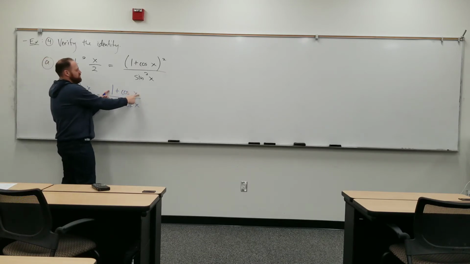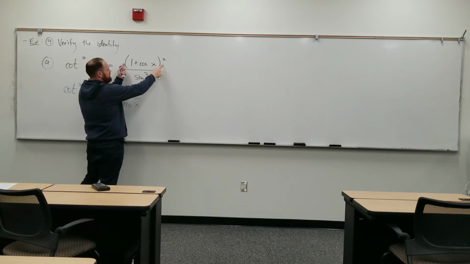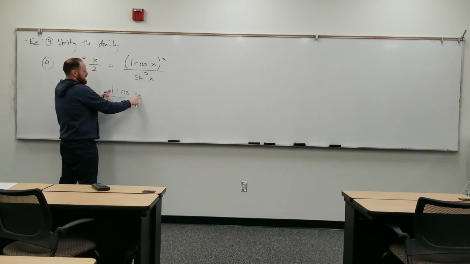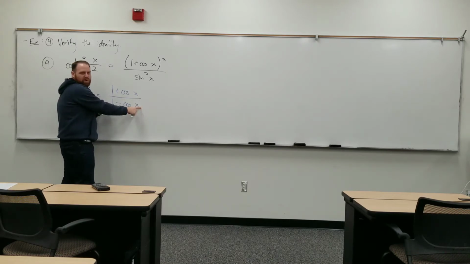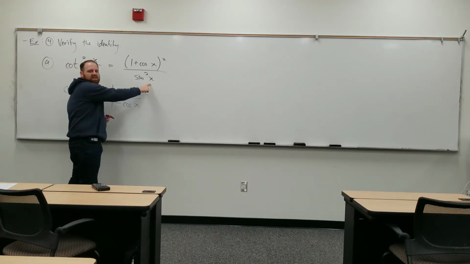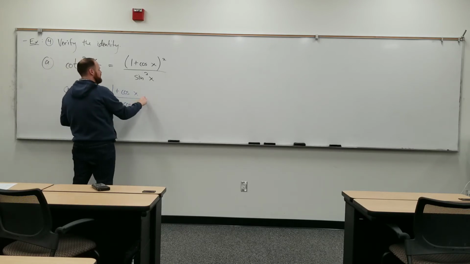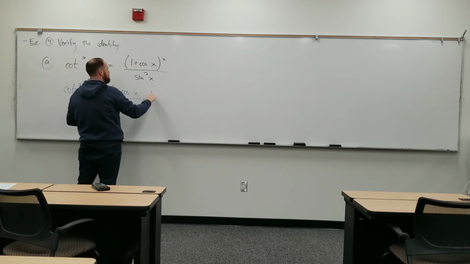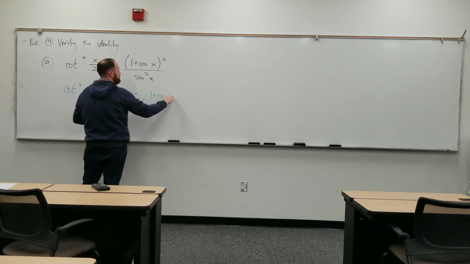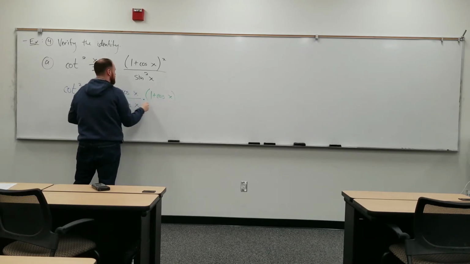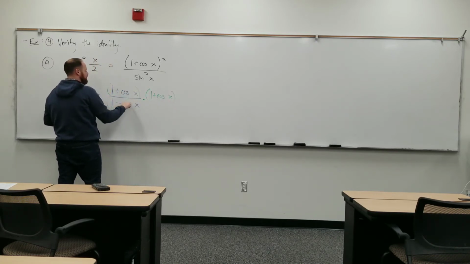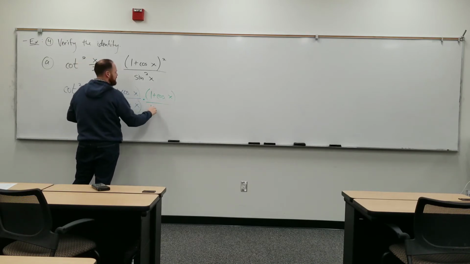Notice that if I multiply the numerator by itself, I get the numerator here. If I multiply that same quantity in the denominator, I'm going to end up with 1 minus cosine squared, which is sine squared, right? Let's work it out to make sure. Let's multiply by 1 plus cosine x over 1 plus cosine x.